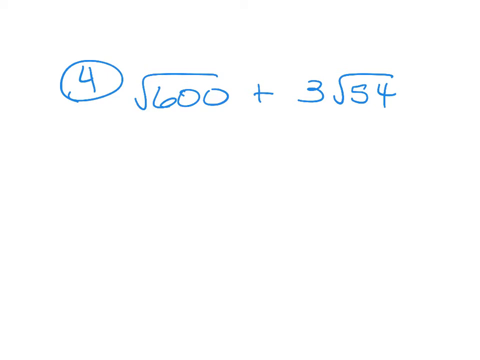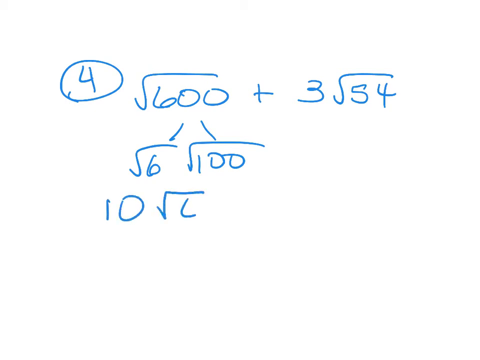I'm going to look for the largest perfect square that's a factor. So for my 600 here, I'm going to factor this to 6 times 100. And then I can see that the square root of 100 is 10. 6 is not a perfect square. There aren't any other perfect squares hiding in there, so that 600 is now simplified.